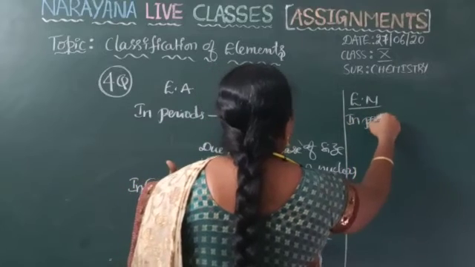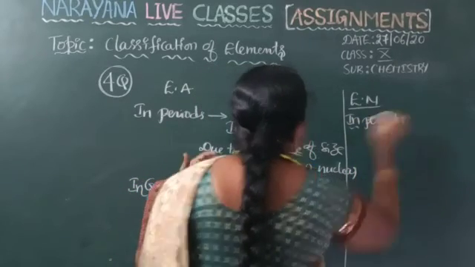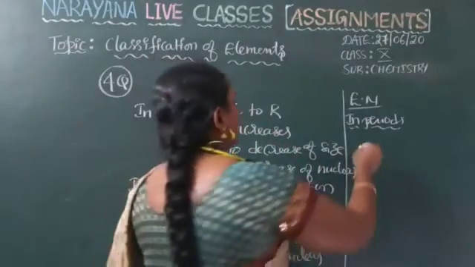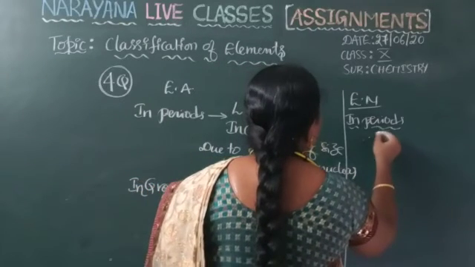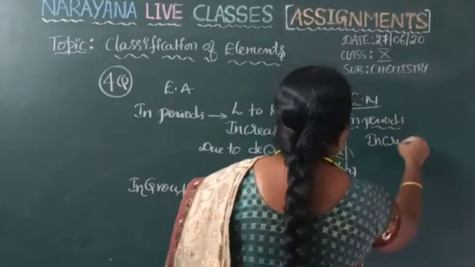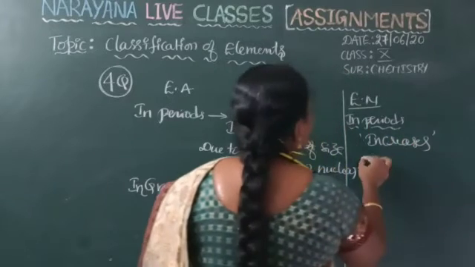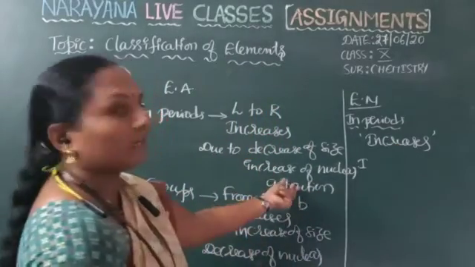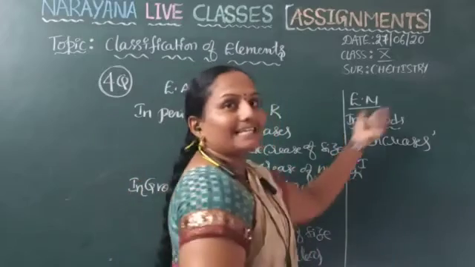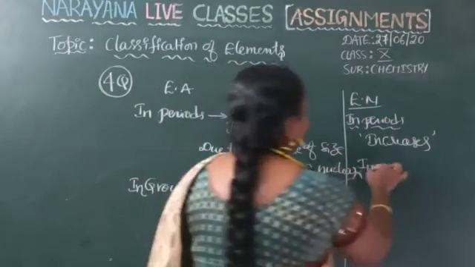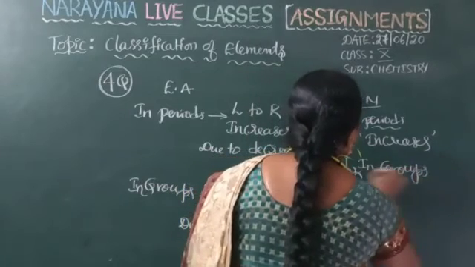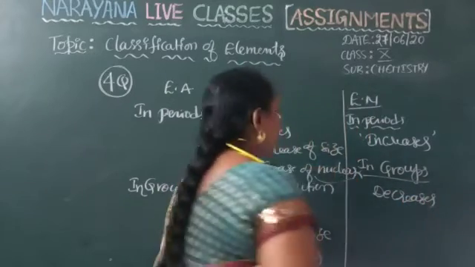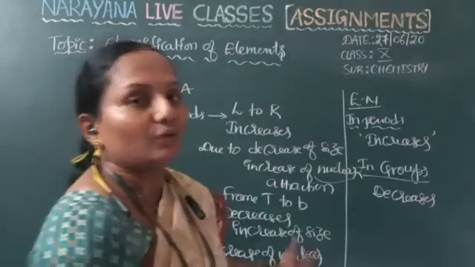In the same way, for electronegativity the variation is the same as for electron affinity, even though the explanation is different. In periods, from left to right, it increases due to the increase of nuclear attraction, whereas in groups it decreases due to the decrease of nuclear attraction.